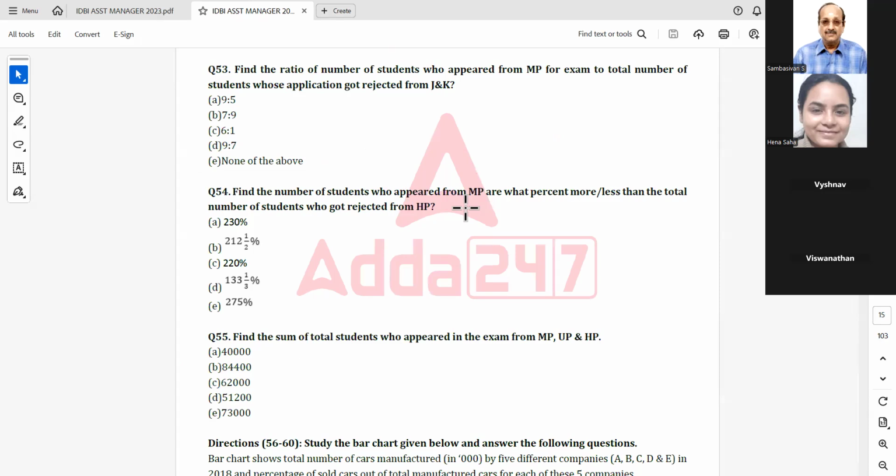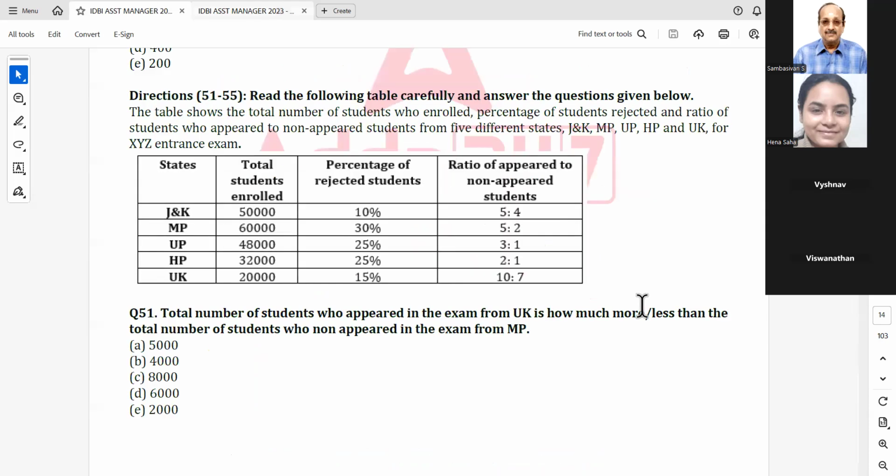Let me check it up. Is more or less than the number of students who got rejected from MP. MP rejected is 18,000. Number of people from MP applied 60,000, rejected 30%, that is 18,000 got rejected.